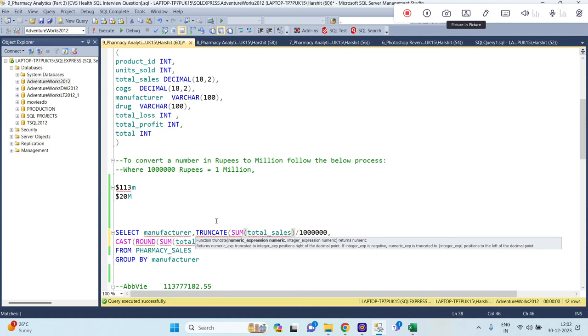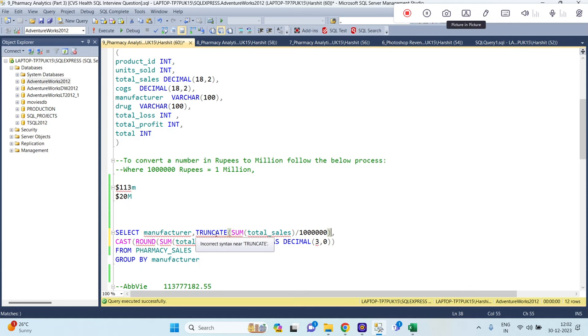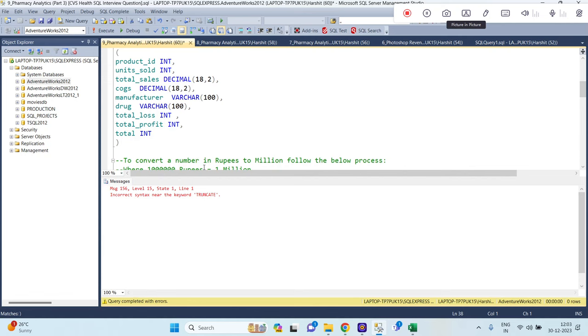Then what do I have to do? Incorrect syntax near truncate. Truncate is not there in SQL Server, I think.